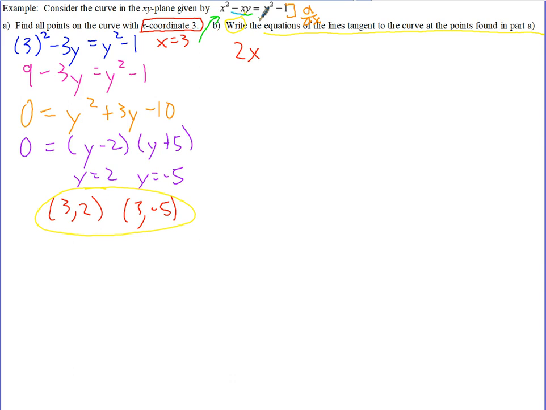The derivative of negative x is negative 1 times y as it is, plus negative x as it is, times the derivative of y, which is 1, but that's where you use dy/dx. Equals the derivative of y squared, which is 2y. And then again, we need a dy/dx.